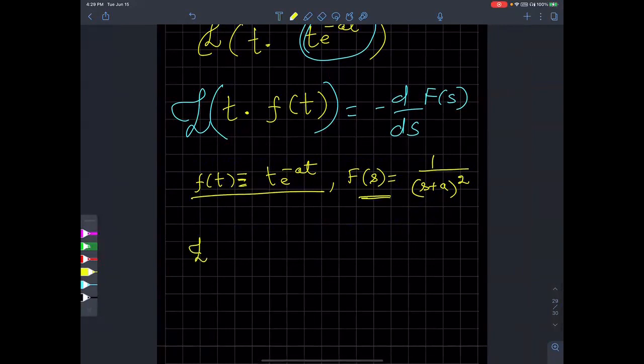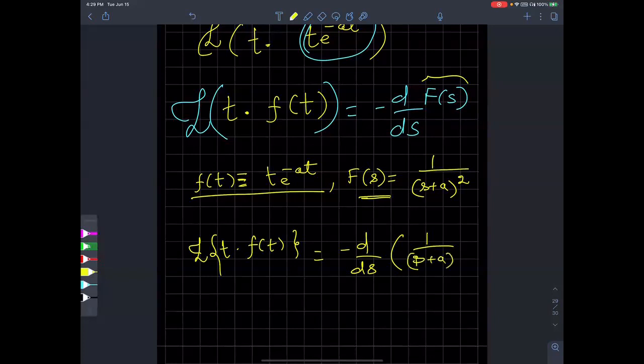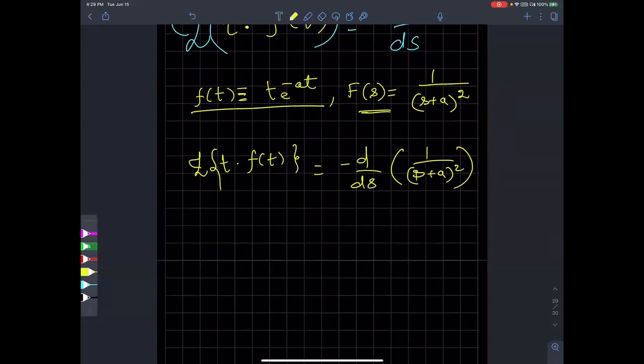Now I'm interested in the Laplace transform of t f of t, which is the negative derivative of F of s. Once you do the derivative, you'll see that it comes out to be 2 by s plus a, the whole cube, owing to the fact that there is a negative term here.